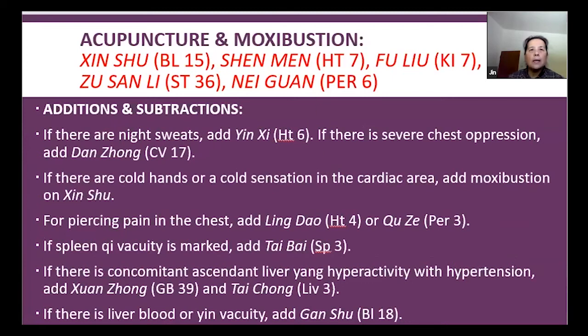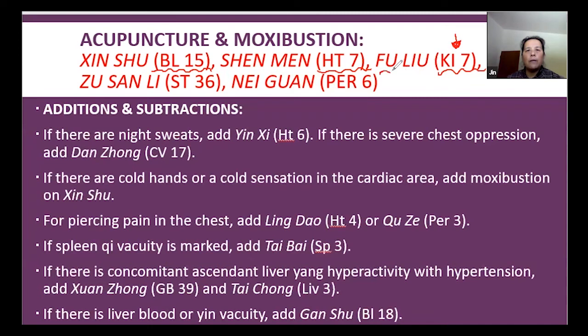Then acupuncture treatment. We still go through the heart, the 郄 point and the 原 source point of the heart, heart 7, 神门. And for yin deficiency, we need to go to the kidney to nourish it. Some people think kidney 7 more tonifies kidney yang, but truly it tonifies both yang and yin.